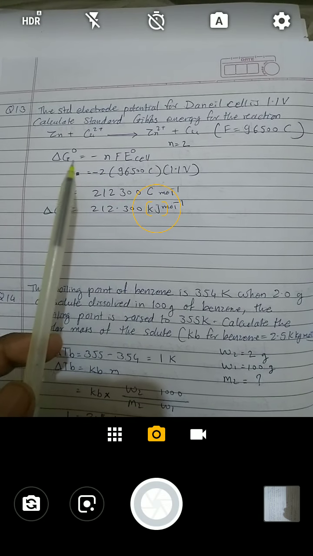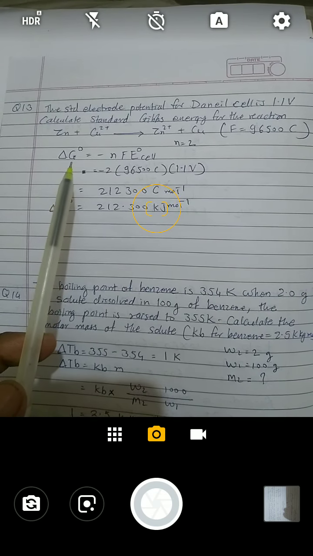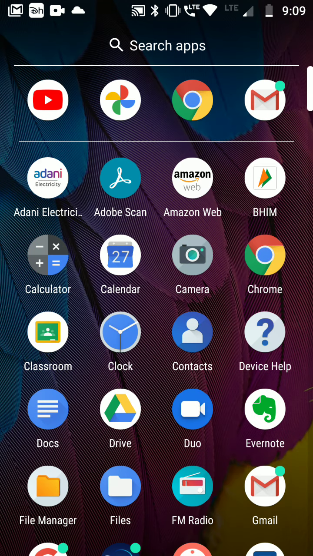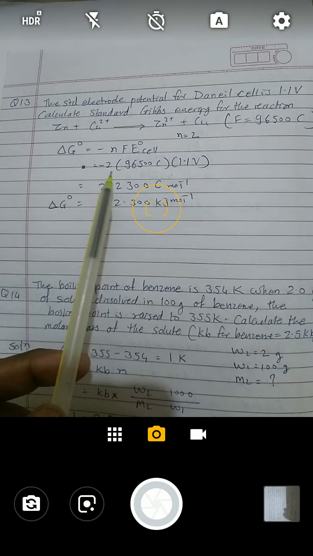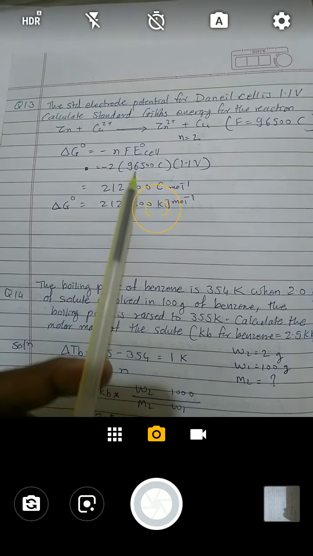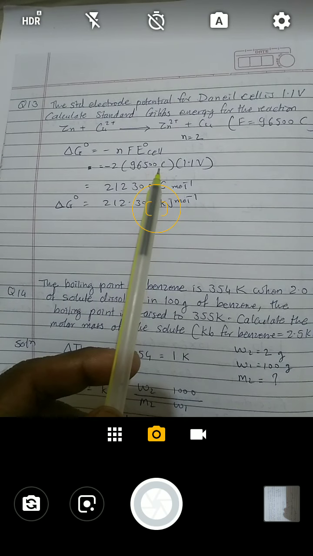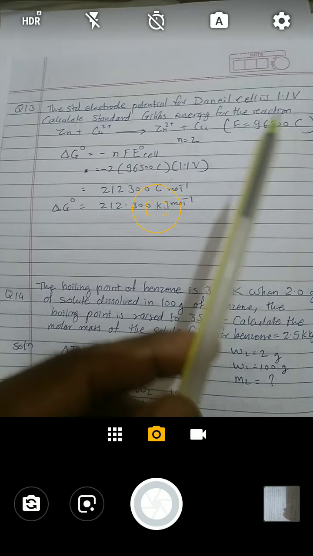The formula for the standard Gibbs energy is delta G0 equal to minus nFE0, where n stands for the number of electrons, which is 2, 1 Faraday is 96500 coulombs, and the voltage produced by the Daniell cell is 1.1 volt.